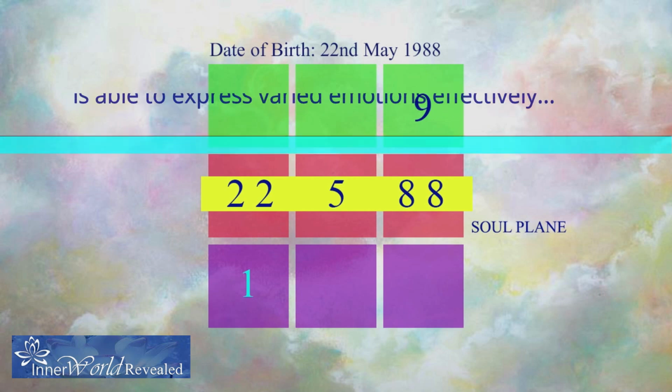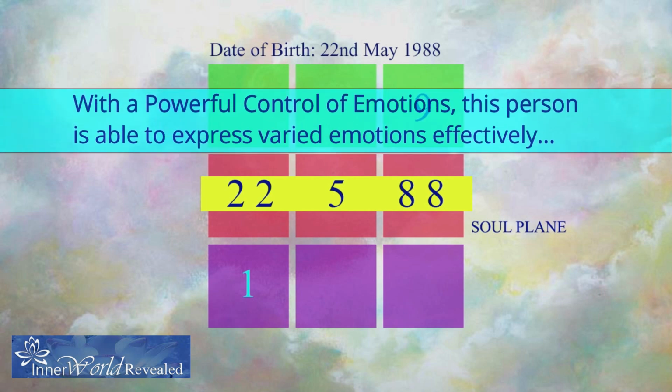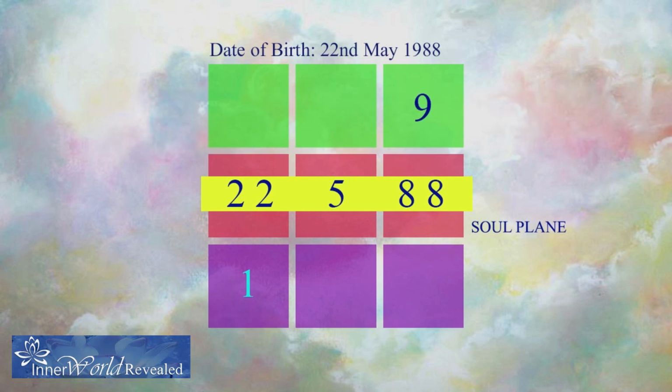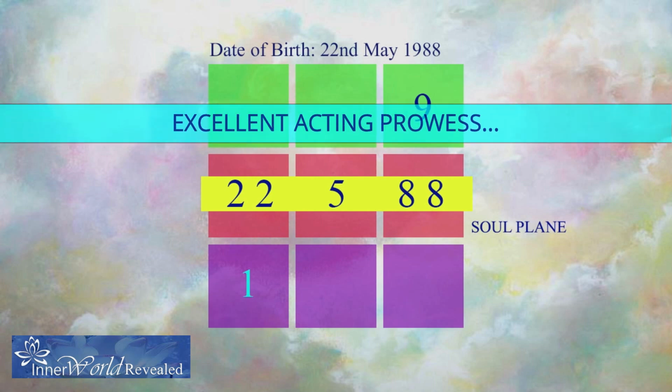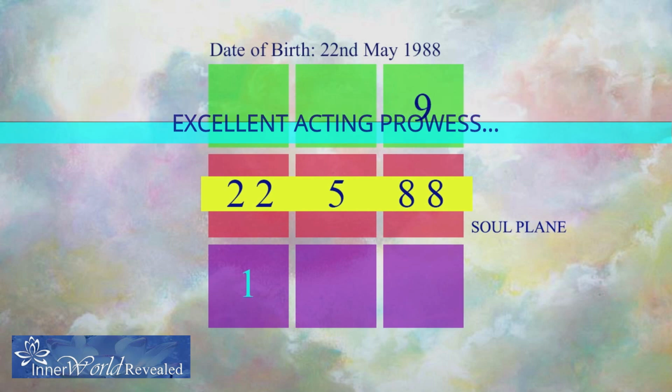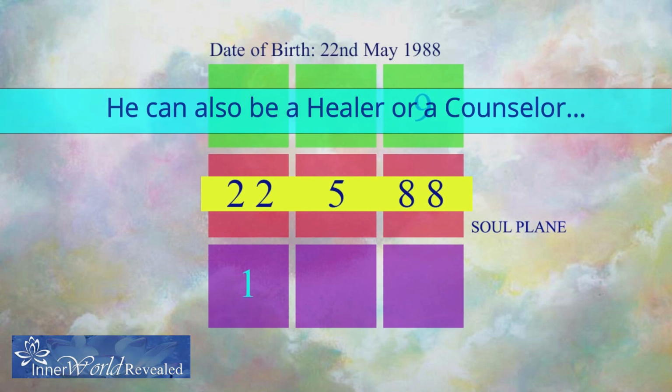With a powerful control of emotions, such a person can show excellent acting prowess. He will be very effective with expressions. This person will be able to play different emotional roles in his life, but he has to be very careful about not letting the emotions control him. With profound spiritual understanding, this person may as well become a counselor or a healer.